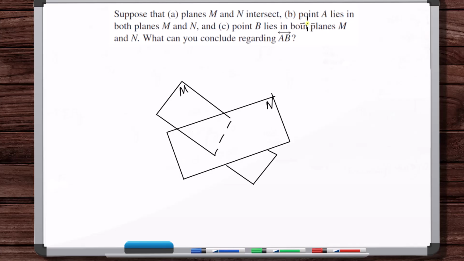Point A lies in both planes, so it has to be on this line here. Point B also lies in both planes, so it also has to be on this line. So the entire line AB is in planes M and N. That entire line is the line of intersection. Every single point on line AB is in plane M and plane N, because planes M and N extend infinitely in all directions.